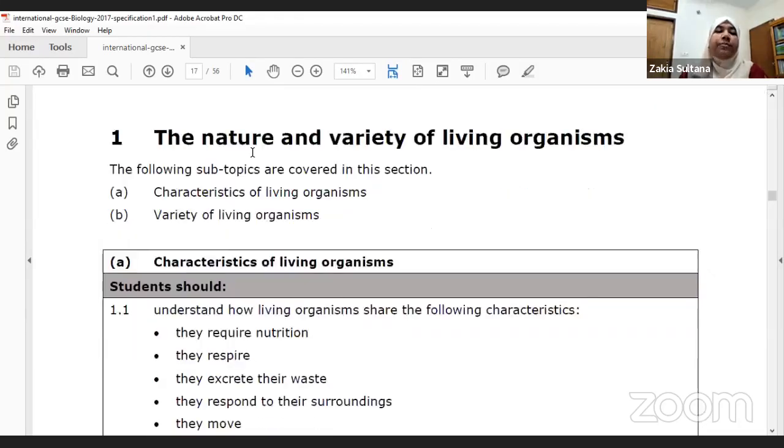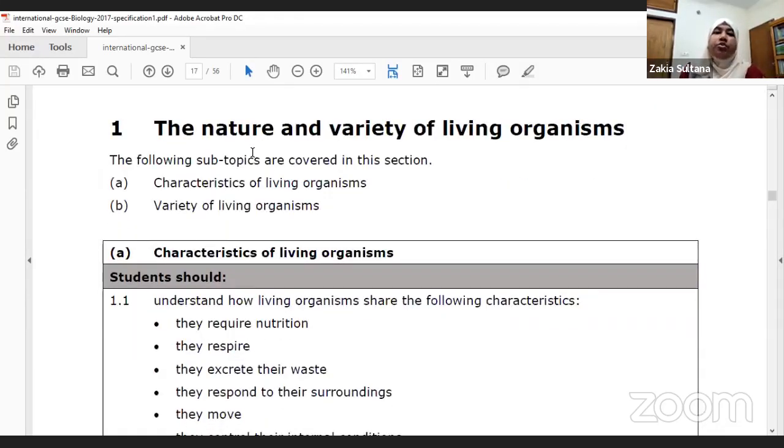So from page 17 till 32. So it's like 15 or 16 pages. It's enough if you just go through these 15, 16 pages. It would cover 25% of your specification, and that will only require maybe half an hour or so. So that is a very important trick. Just try to follow it and you'll see the results.